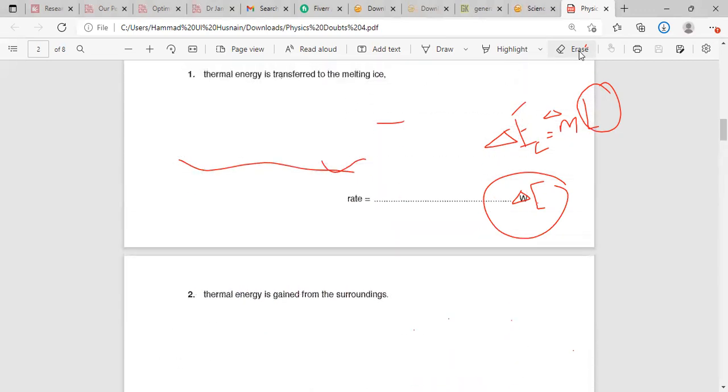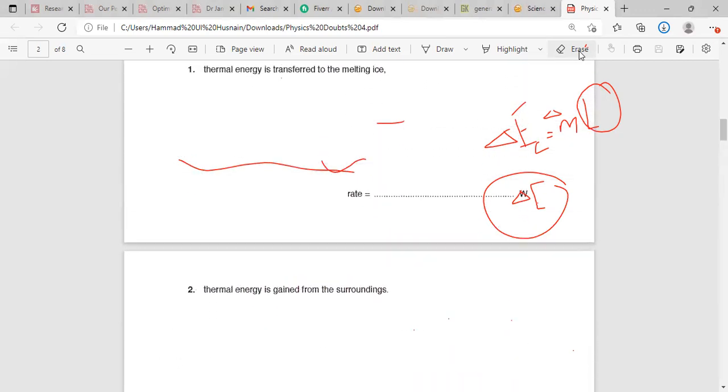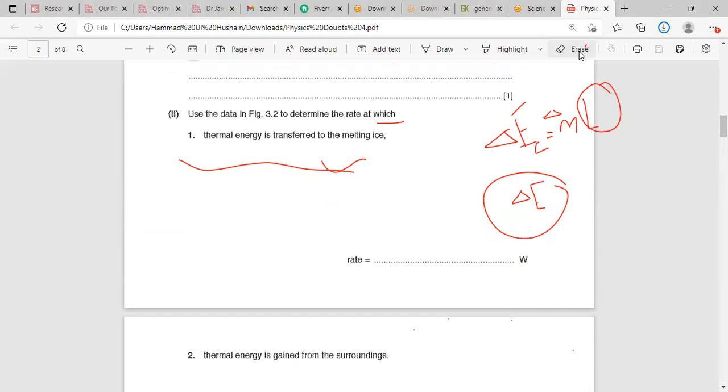The other question is that we need to find how much thermal energy is gained from the surrounding. So can you tell me how we can solve this particular part, the thermal energy gained from the surrounding? Is it MC delta T?